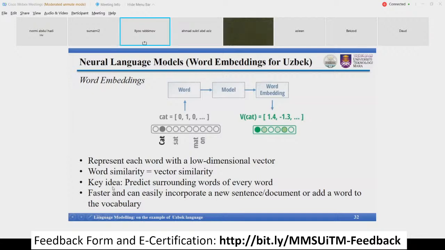The model predicts surrounding words of every word faster and can easily incorporate new sentences, documents, or add words to the vocabulary. We can extend the vocabulary and extend the word vectors.